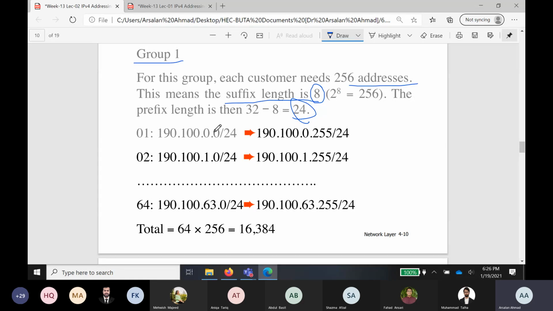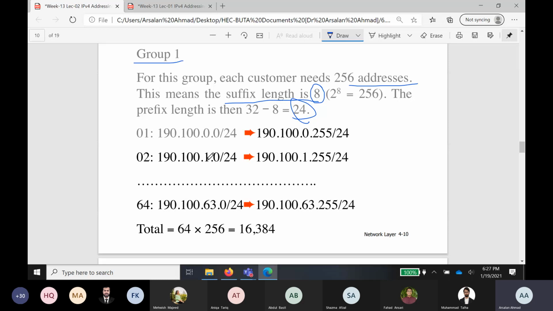consumed all the address range of this .0, because one shift or one movement in the third byte means 256 movements in the fourth byte. So you have consumed all the 256 addresses in the rightmost byte.